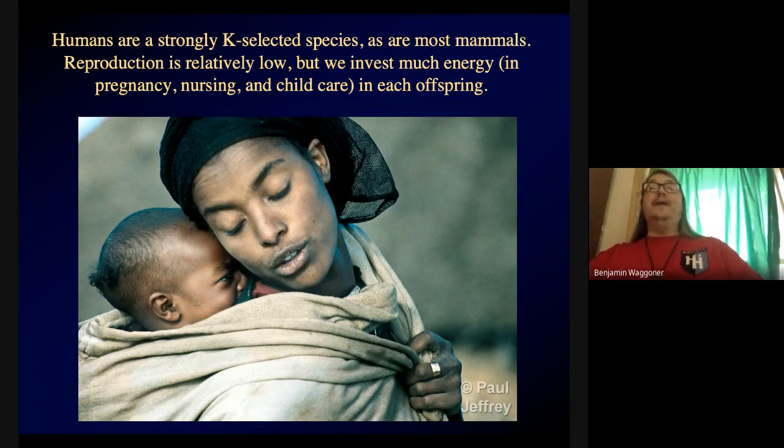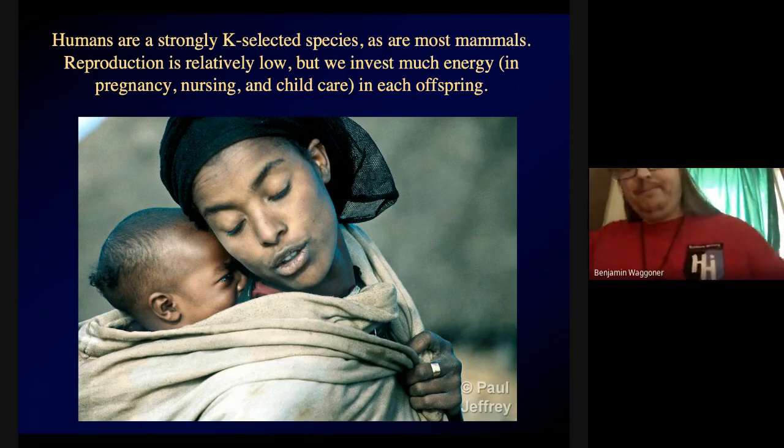Oysters invest very little, and most of them die. In many societies, child mortality is a problem, but still, if you get through infancy, you'll probably live to be fairly old. And most of our mortality comes at the end of life.